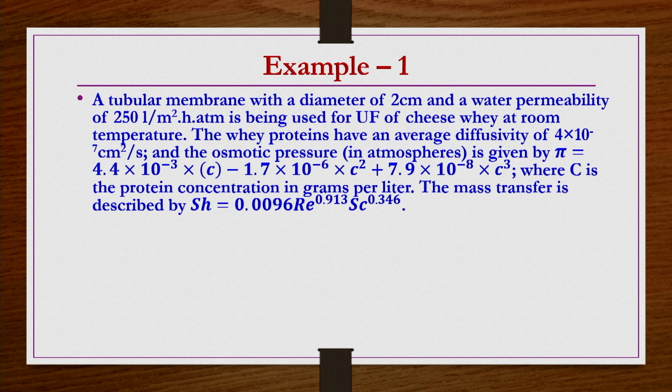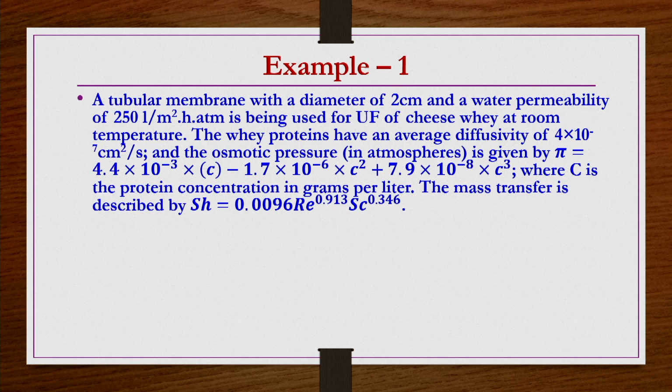A tubular membrane with a diameter of 2 centimeter and water permeability of 250 liter per meter square per hour per atmosphere is being used for ultrafiltration of cheese whey at room temperature. The whey proteins have an average diffusivity of 4 into 10 power minus 7 centimeter square per second, and the osmotic pressure is given by this equation, where C is the protein concentration in grams per liter.